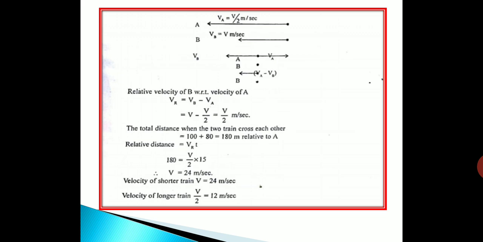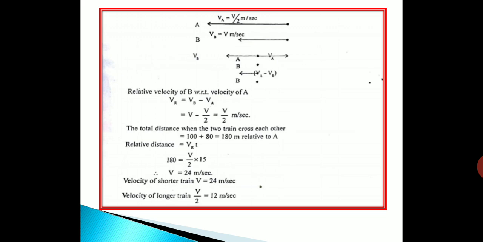Therefore, substituting the required values, relative distance is the distance of overtaking, which is 180 meters. The relative velocity as found above is V by 2. The time required for this process to happen is 15 seconds. Therefore, when we cross multiply 180 into 2 divided by 15, we get the answer as V equal to 24 meter per second.